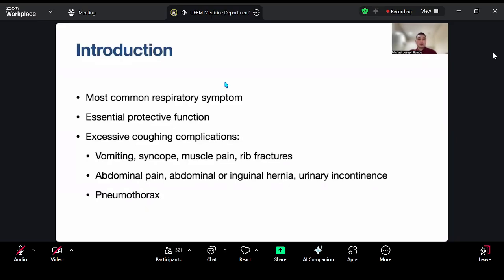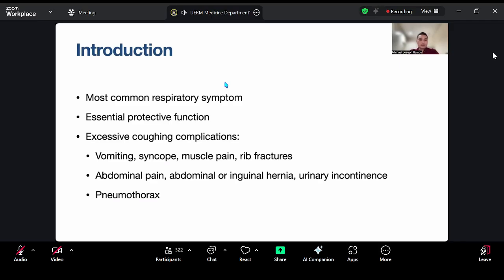Cough is the most common complaint for which patients seek medical attention, not only among pulmonary specialists, but also among general practitioners. And its essential function is to protect our airways and lungs. And without a properly functioning cough, patients are predisposed to having recurrent infections, atelectasis, and respiratory compromise.